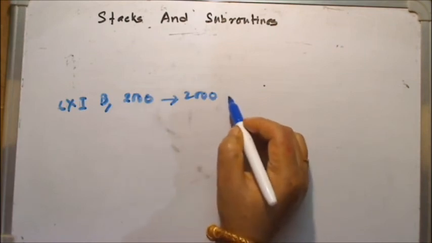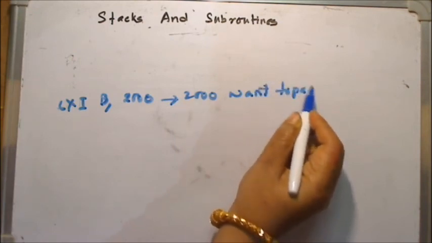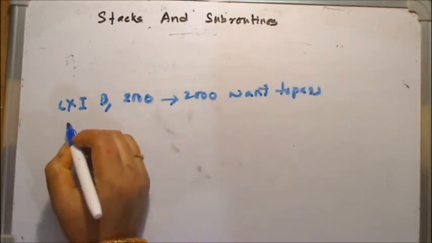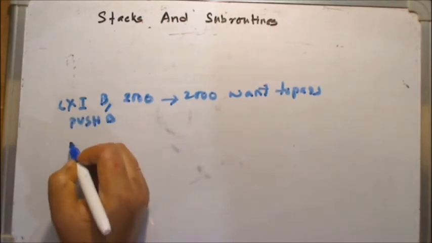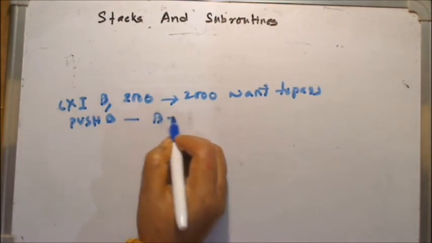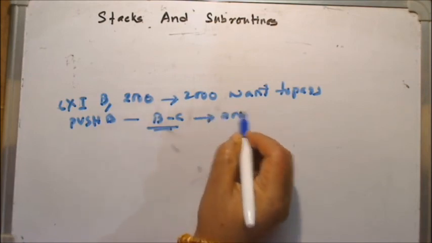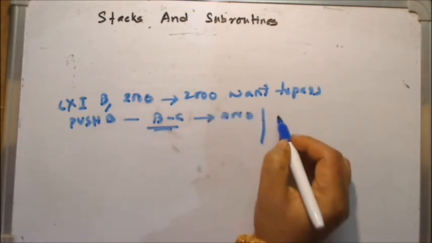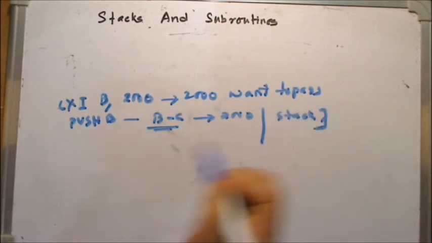Then I write PUSH B. When you PUSH the BC pair, it means you have pushed 2000H onto the stack, right?